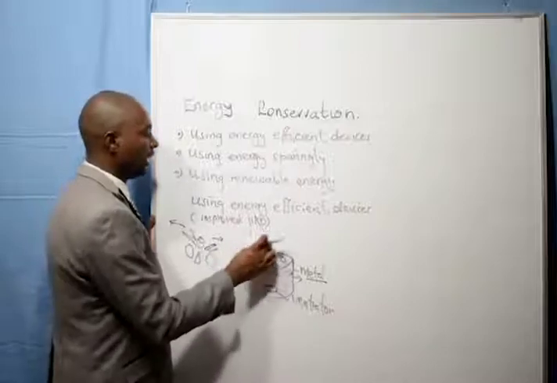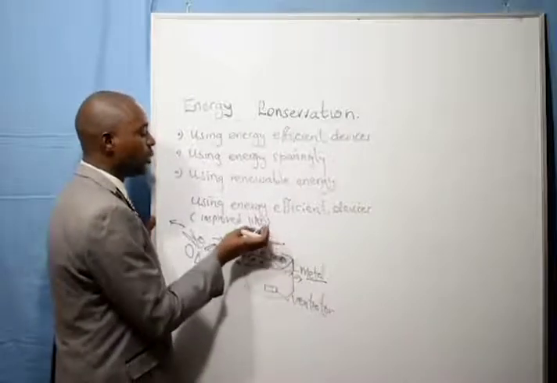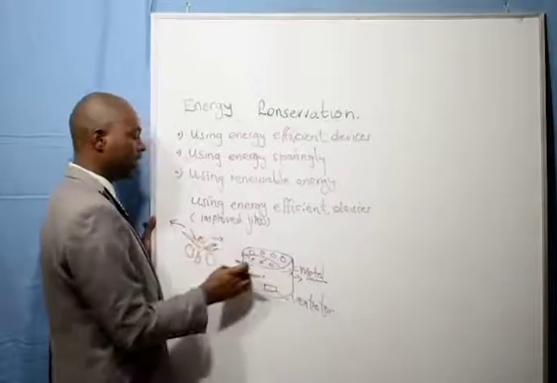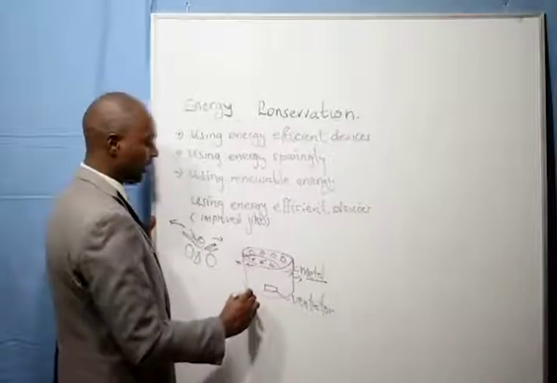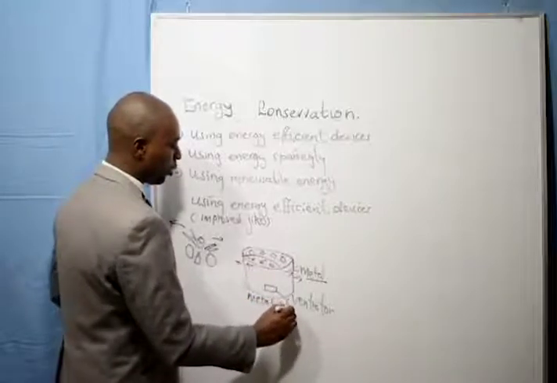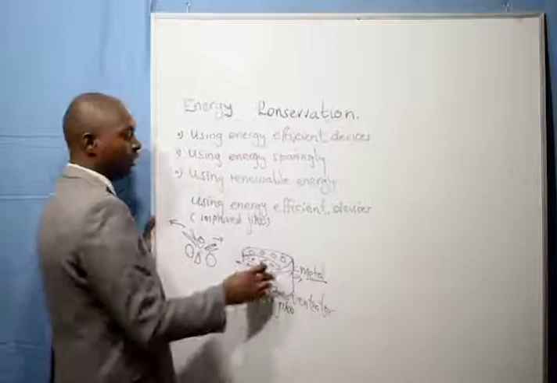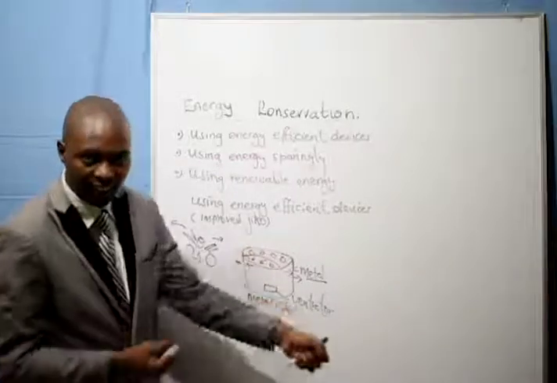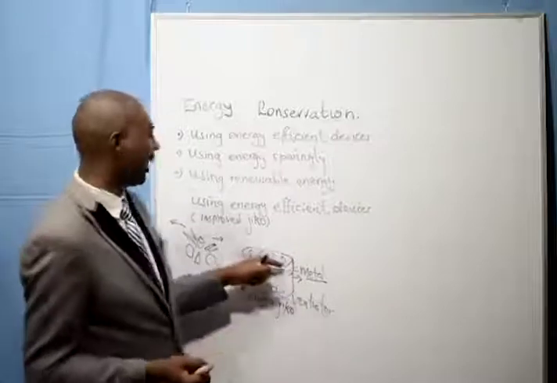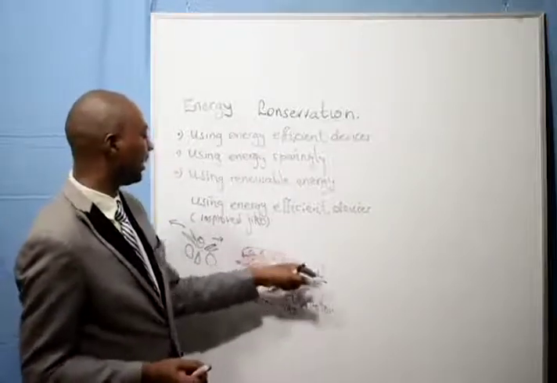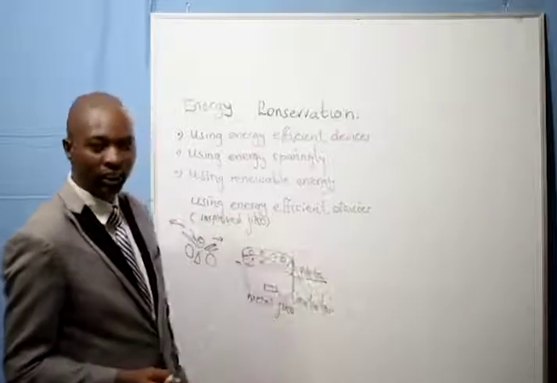If you are cooking here, much of the heat needed to cook will be lost to the surrounding through this metal. This is known as a metal jiko. Once you realize while using this jiko, you keep on shaking because the charcoal is burning at a very fast rate. A lot of charcoal is being wasted because of the heat loss.